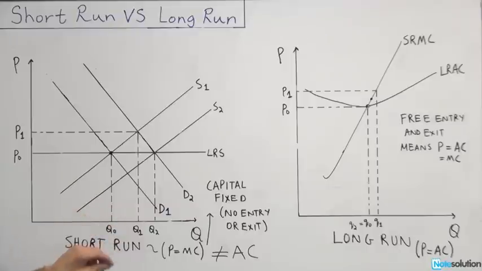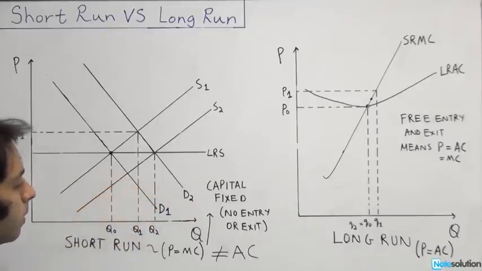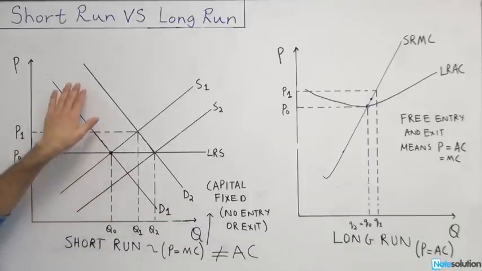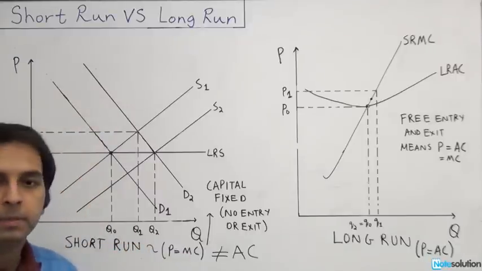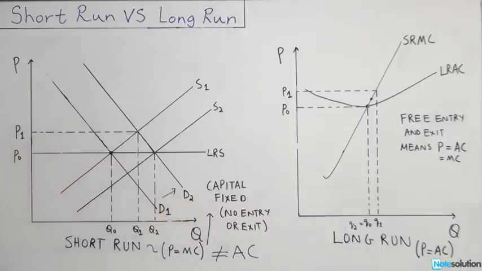Now, in the short run we know that the supply curves can shift. So there could be an increase in demand, let's say because the demand for your particular good has gone up, and so this is shifted out. So this basically means that the price has gone up.